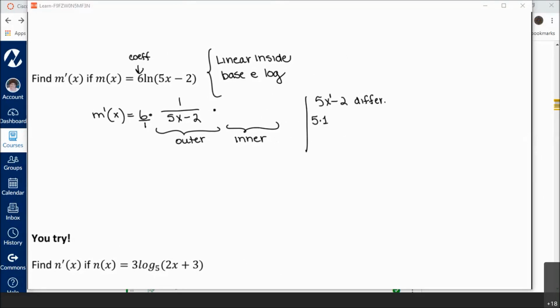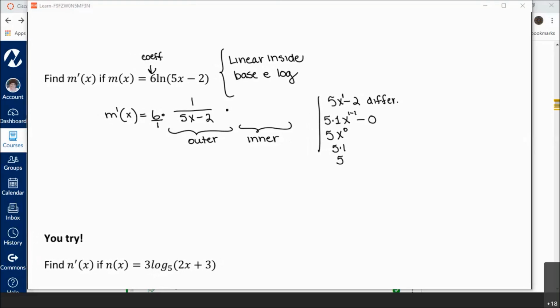Bring down the 1, drop the exponent by 1. The constant doesn't give me anything. This is 5 times x to the 0, and that's 5 times 1, which is 5. If you can do these steps in your head, that's great, but if not, write them out. So this just gives me a 5, and it's 5 over 1.